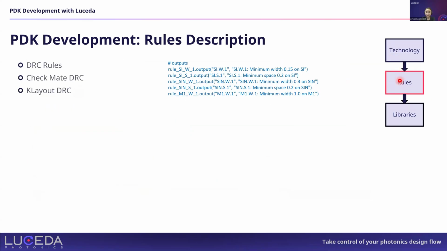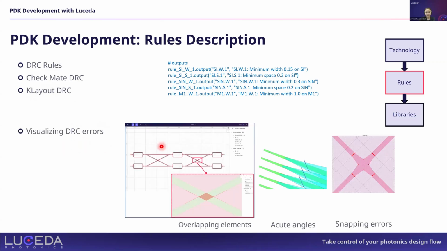Once the technology is defined, the foundries can also put the manufacturing rules in their PDK, and it is very readable if this kind of rule can be defined in the PDK. Then, using Checkmate DRC and also the KLayout DRC engine within Luceda, the designers who use your PDK can visualize DRC errors.